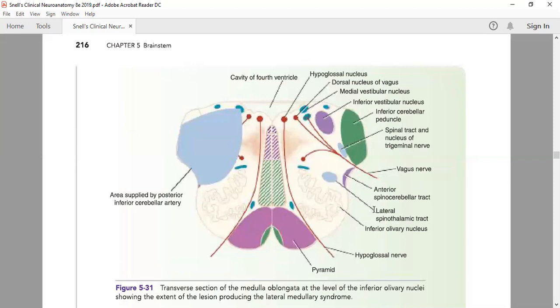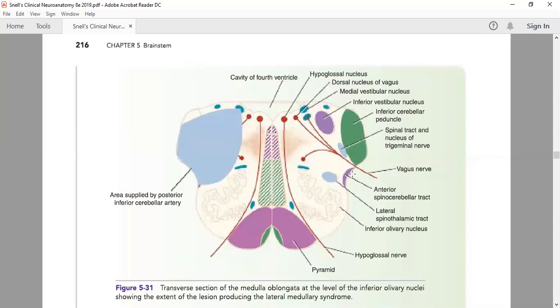If the inferior cerebellar peduncle is also affected, it will result in limb ataxia and ipsilateral cerebellar signs.